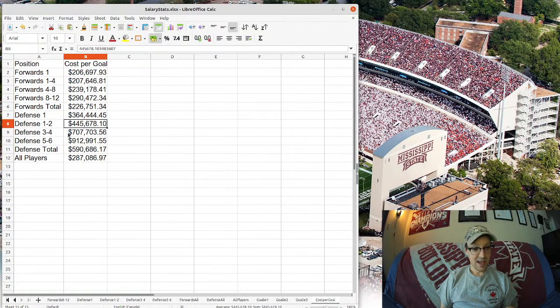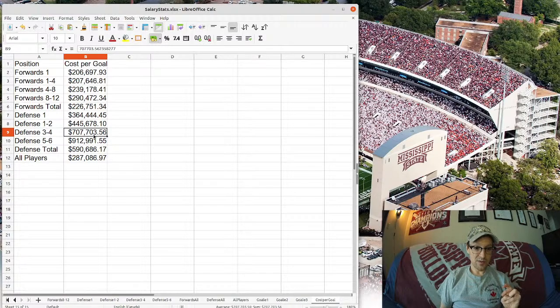So anyways, like I said, go back if you want a greater clarification of how the tiers and the groupings were all made. But for the top 2 defensemen, $445,678 per goal.